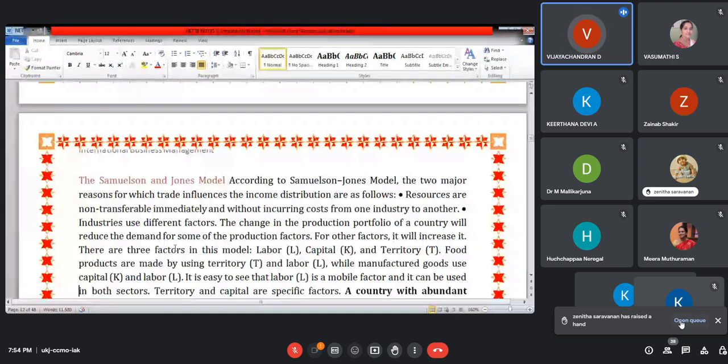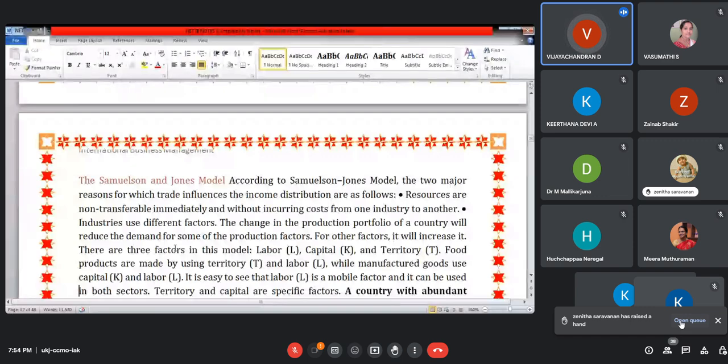See, land you can't transfer, but capital or labor you can transfer. There will be mobility, the mobility of factors between the two countries, whereas certain factors you can't move to other countries.